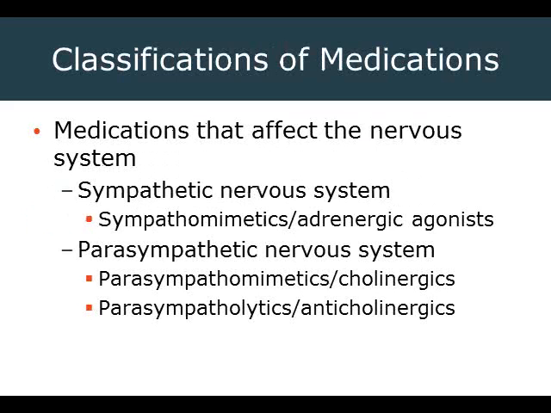So, classifications of medications. Medications that affect the nervous system. This is when we're going to really start throwing some terms at you, and it has the potential to get kind of messy here. So you may want to consider going through this several times to get this all straight. All right, so we have medications that affect the nervous system.